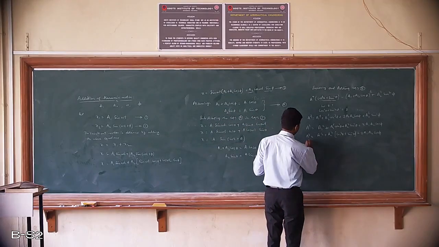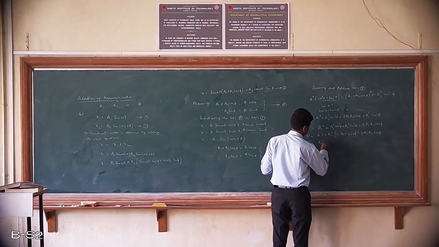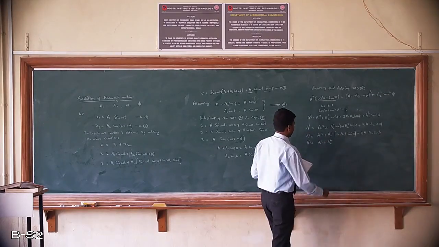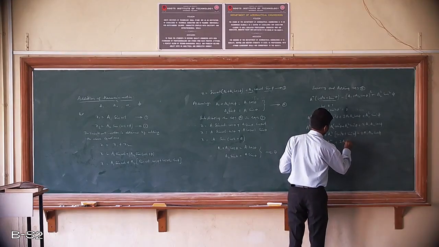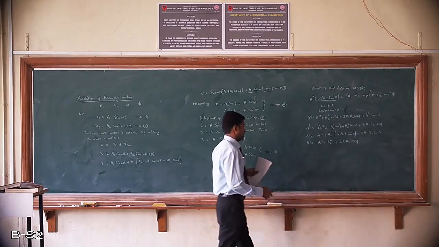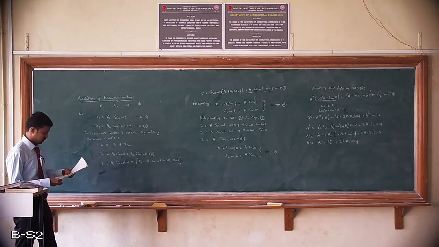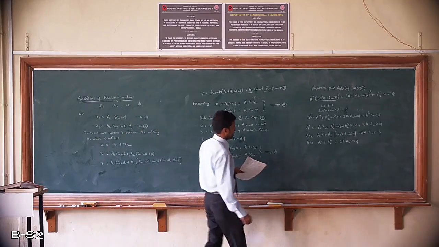So a square is equal to a1 square plus a2 square into 1, which is nothing but a2 square, plus 2 into a1 into a2 into cos phi. A square is equal to a1 square plus a2 square plus 2 into a1 into a2 into cos phi. Therefore I can get the value for a.